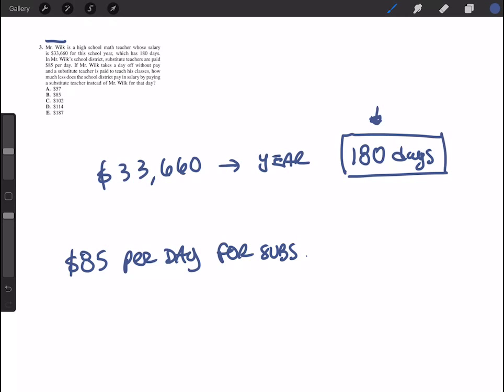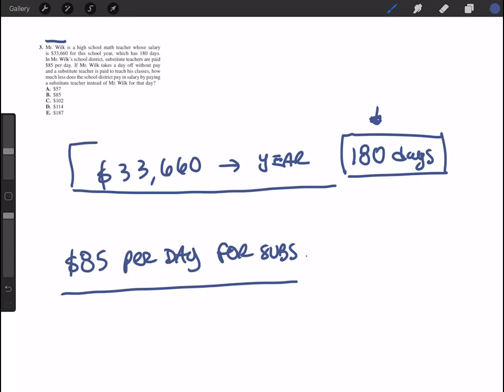Well, to know this, we really don't have a way of solving it with these figures, because we know how much a sub earns in a day, but we don't know how much Mr. Wilk earns in a day. We know how much he earns in a year. But we know that this salary for the year considers 180 days of work.